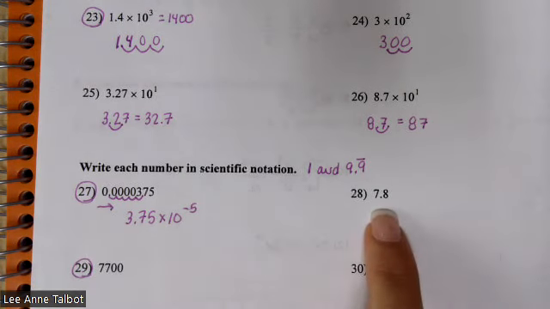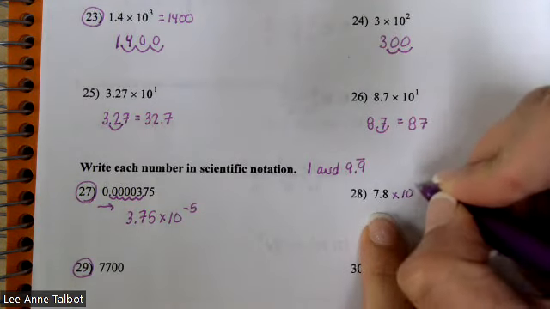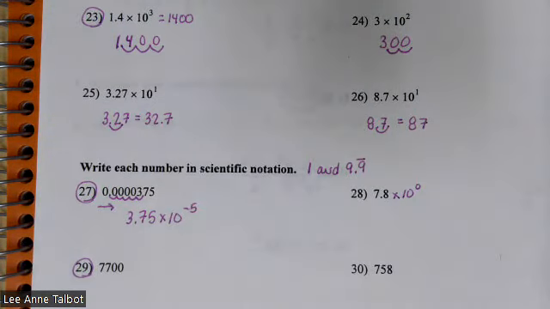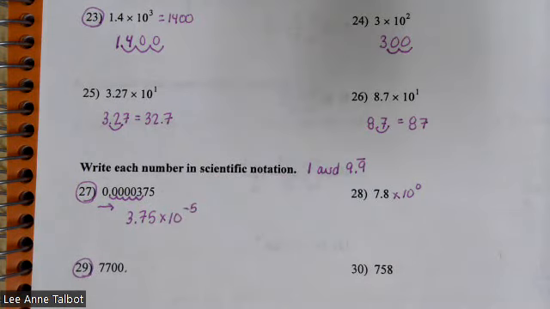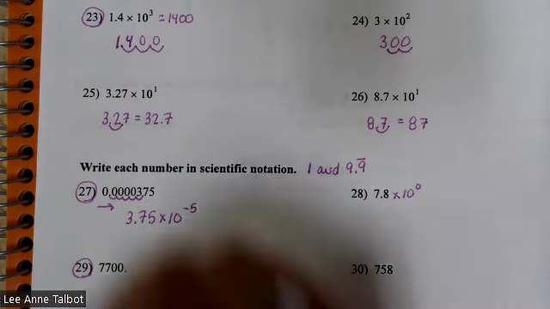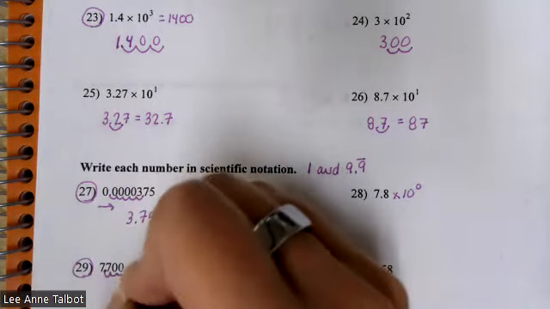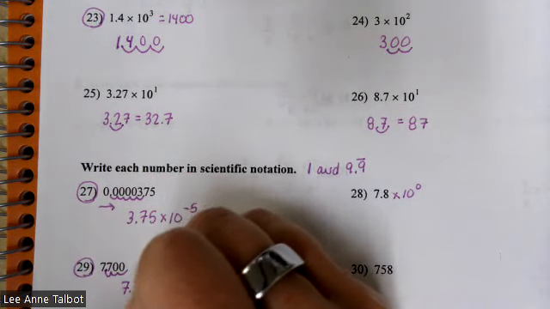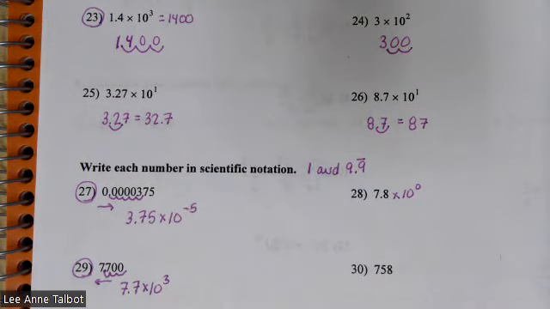Now, 28 really already is in scientific notation. You could put times 10 to the 0 here if you felt like it to make it look like all of its friends. But that number is already between 1 and 9.9 repeating. Okay, where am I going to move it for 29? Between what two numbers? Yes. 7 and 7. Beautiful. 1, 2, 3 spots. Positive 3 because I went down from a big number.